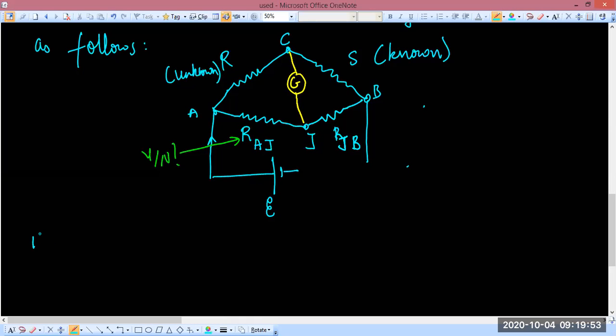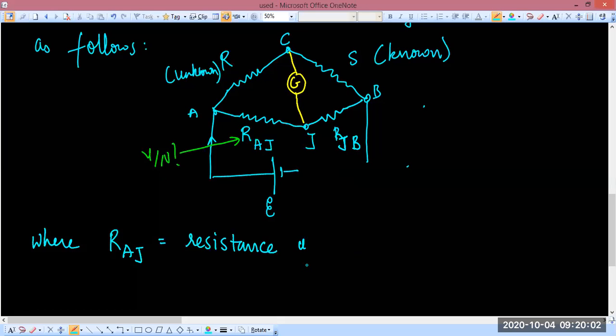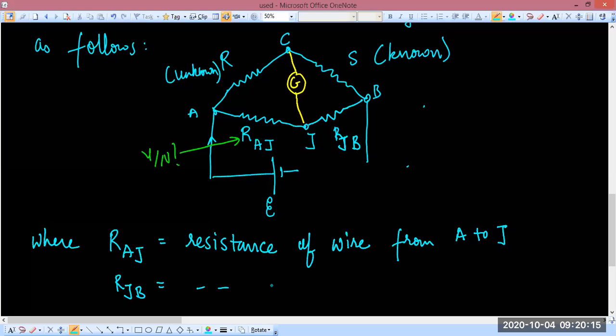Okay, where RAJ is equal to resistance of wire from A to J, and RJB is equal to this.